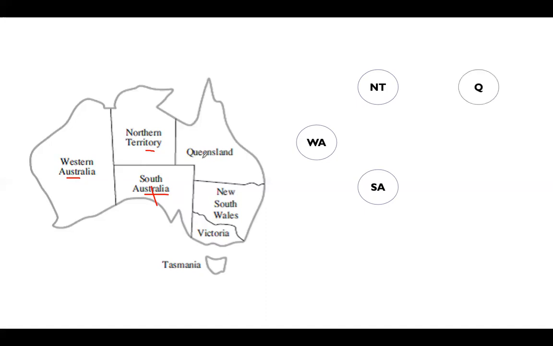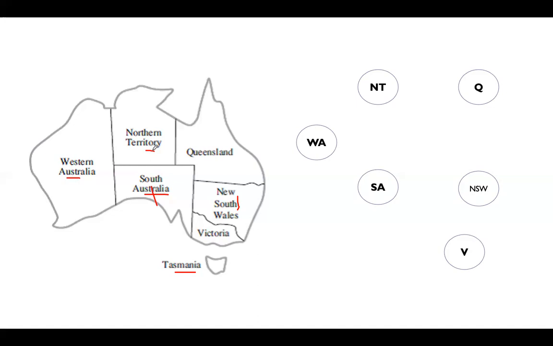Queensland, one more vertex. Okay, New South Wales, that is one more vertex. So finally, Tasmania, as I said, this region is also part of this map. So I will call it as one more vertex. So finally, 6 regions are there. So 6 vertices will be there in our graph.